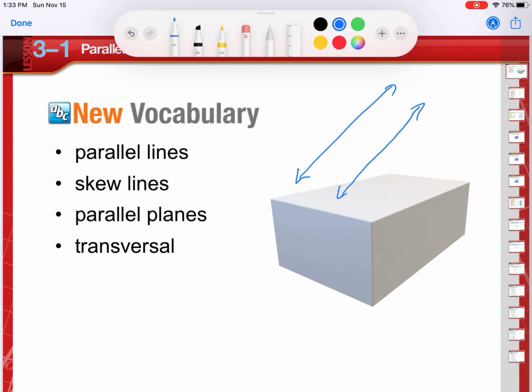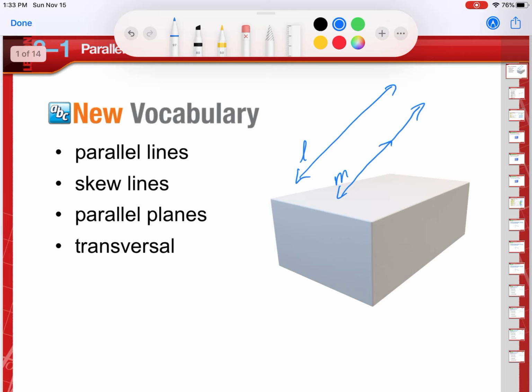How these are symbolized typically, let's just say this is line L, this is line M. You could see L parallel to M written like that with the 2 little lines in the middle. Another way you might see this, if it's just the picture, just like if we have a 90-degree angle, they put the little box in the corner.